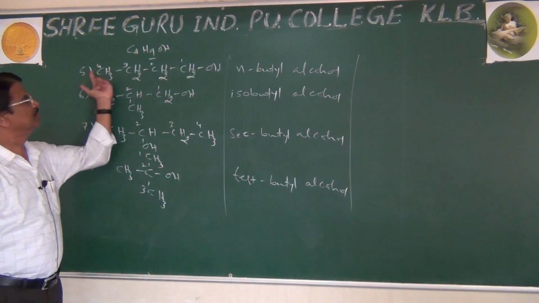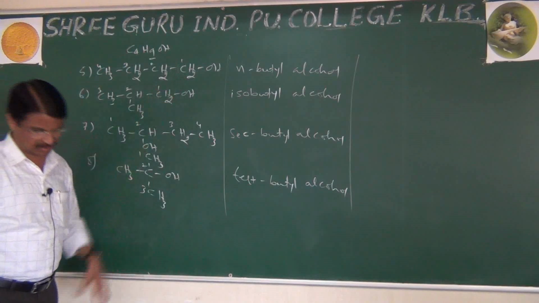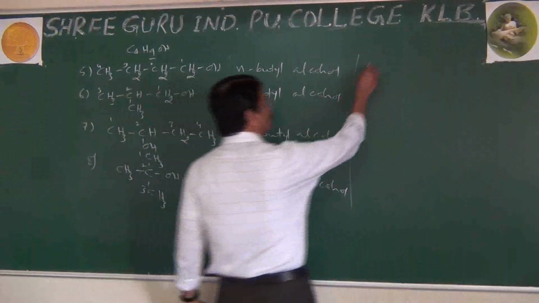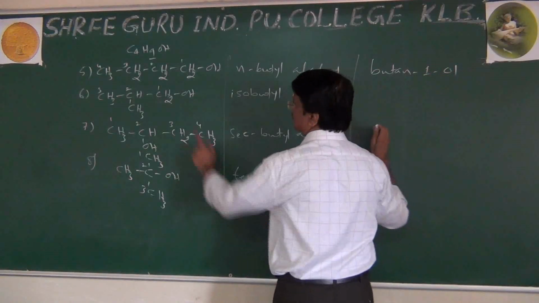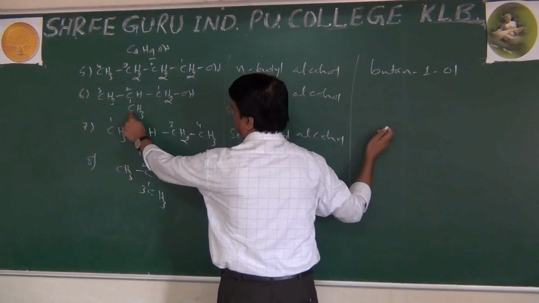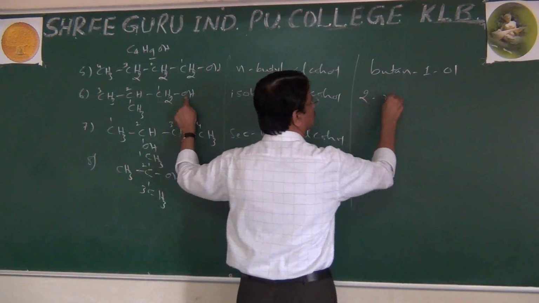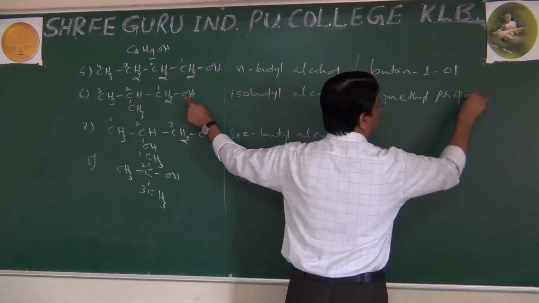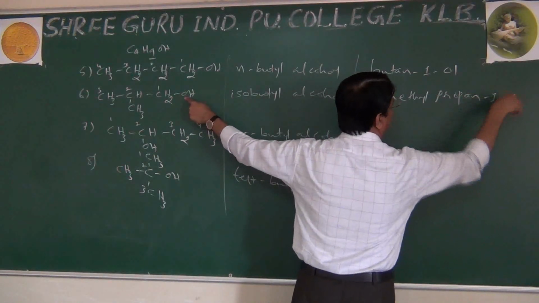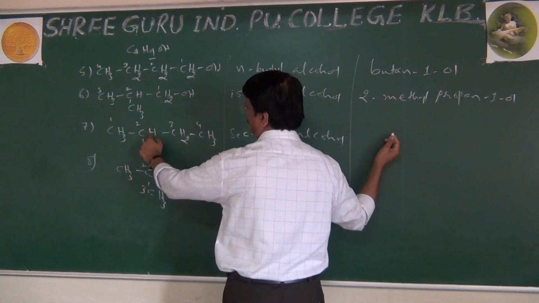4 carbon group, straight chain, okay, butane, and position 1 OH, therefore it is called butane 1-ol. Second, position 2 methyl, 2-methylpropane 1-ol. Next, position 2 OH.